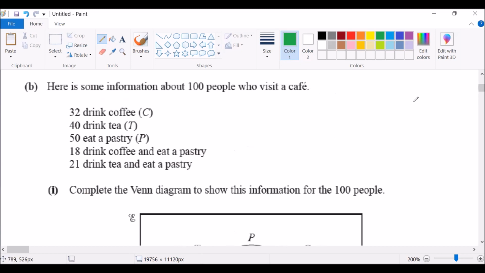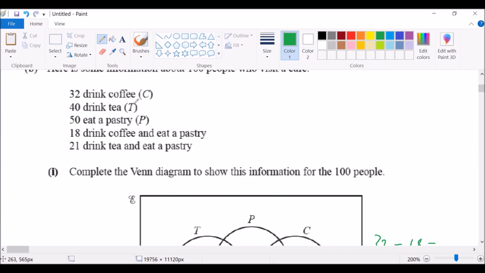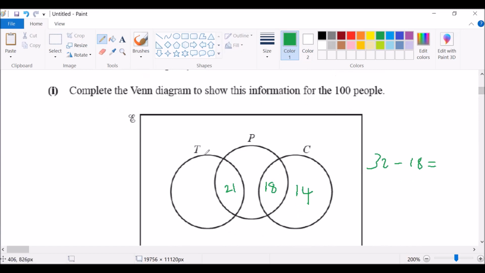32 drink coffee. So all in here in C, the sum is 32. So 32 minus 18, 14. If we say 18 plus 14, we'll get 32, right? So coffee is covered. 40 drink tea. So we can have people drinking tea is this set, never mind that they had pastry.